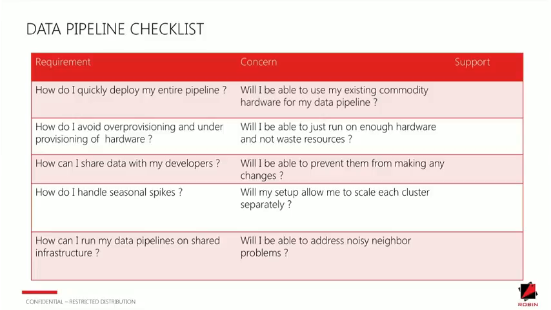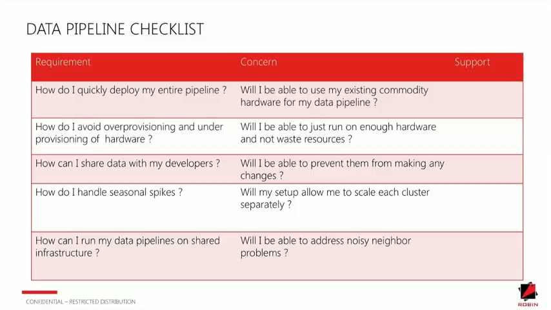And the most important, I think, for any pipeline is, how do I handle seasonal spikes? We are working with a large retailer. During their Christmas time, they want to beef up their recommendation engine, their recommendation pipeline, and they want to add compute resources during that time.